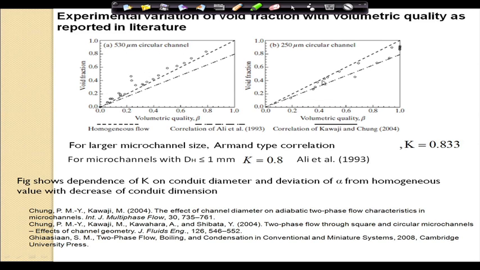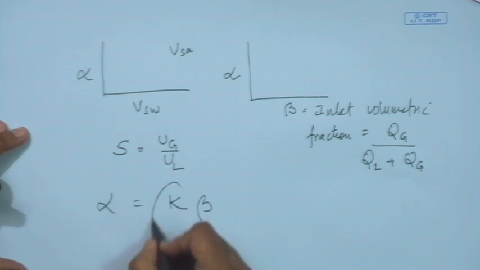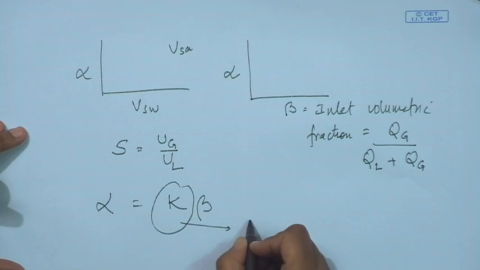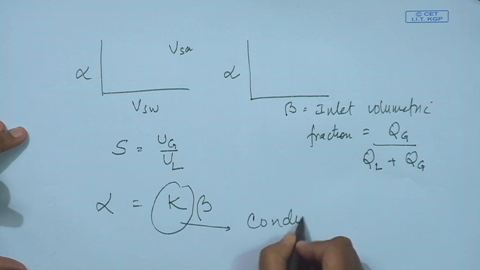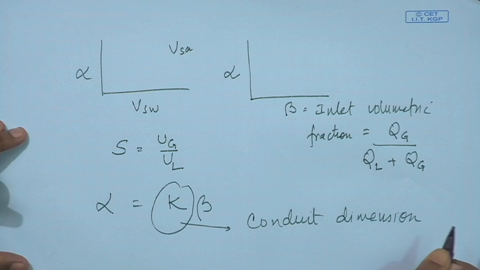On the contrary, for the 250 micrometer channel there is a trend of under-prediction, but nevertheless, in both cases there is a linear relationship between alpha and beta, of the form alpha equals k beta, where k is a function of conduit dimension, as is evident from these two graphs.